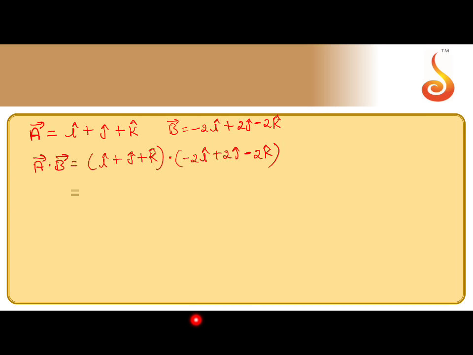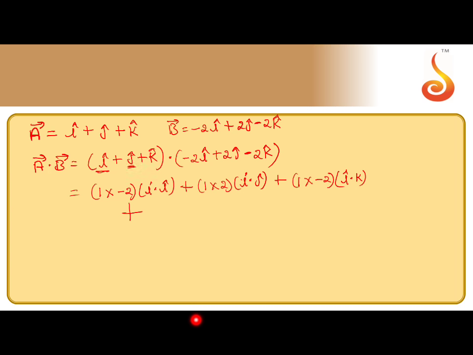So this will be equal to, first I take i: 1 into minus 2 i dot i, plus 1 into 2 i dot j, plus 1 into minus 2 i dot k.